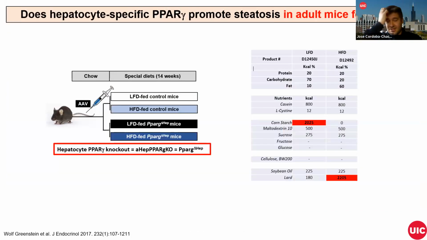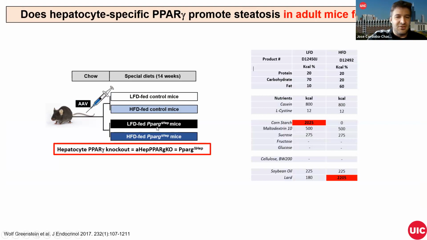So using these different types of diets, we did different experiments, and the first one was to study if the knockout of PPAR gamma in hepatocytes in adult mice prevented diet-induced steatosis. So this is what we did. Adult male mice were injected with the AAVs.